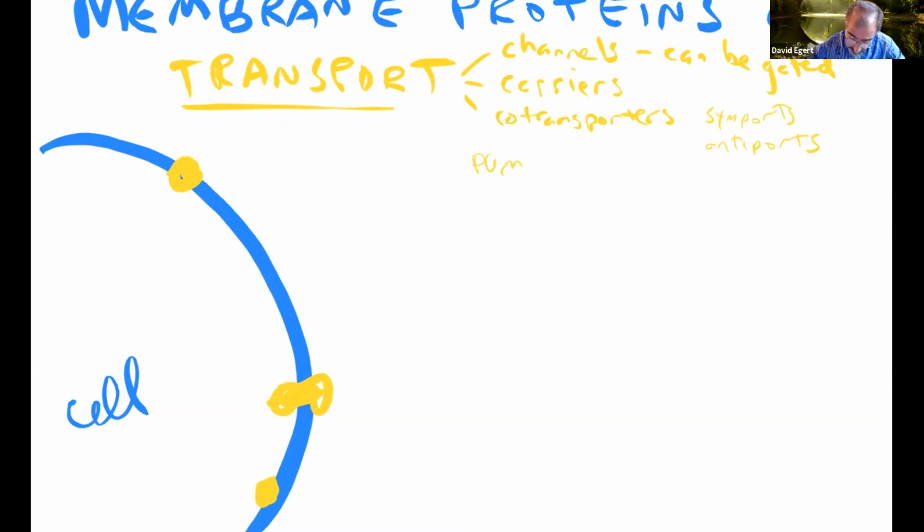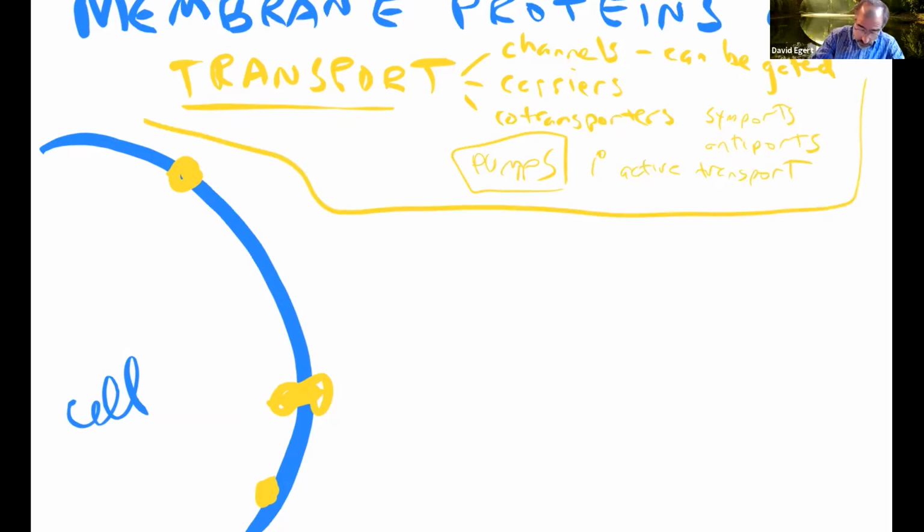Some of these can be pumps using ATP, where you actually have primary active transport. So we've got to meet all these different forms of membrane proteins that are going to be critical for our semester, talking about how things get in and out of a cell, how you control what's moving in and out of a cell.